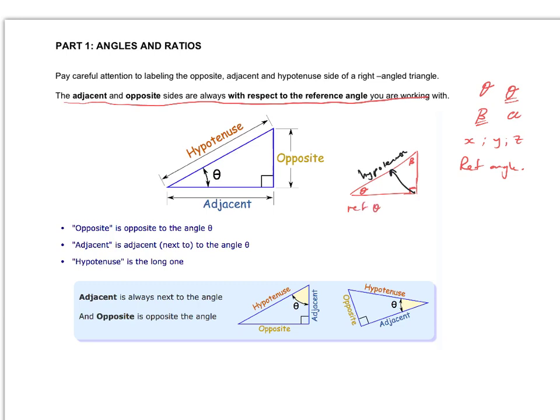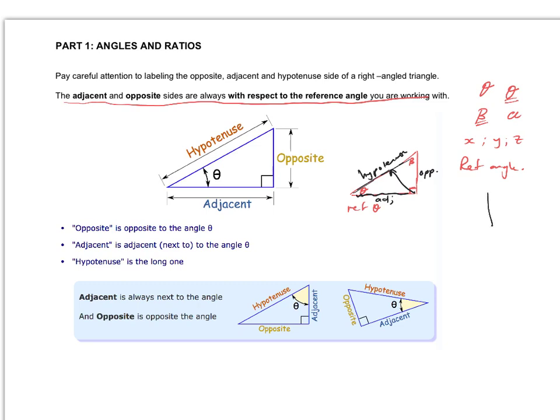The side closest to my reference angle, but not the hypotenuse, is my adjacent. Think of adjacent walls, it's adjacent to that angle. And the one opposite that is called the opposite.